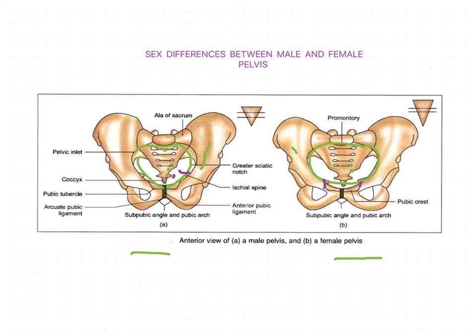The sacrum is longer and narrower in male, while in female it is shorter and wider. The subpubic angle is narrower in male, that is 50 to 60 degrees. The angle is wider in female, up to 80 to 85 degrees.